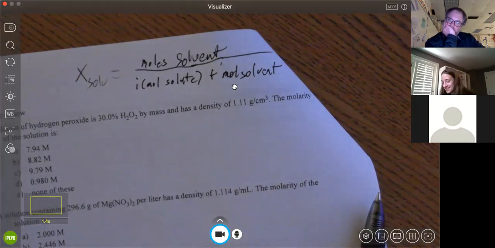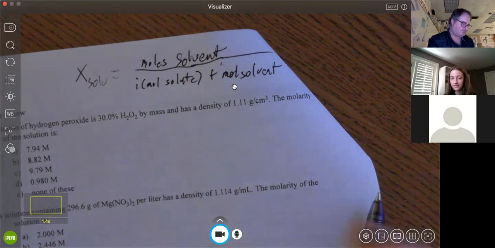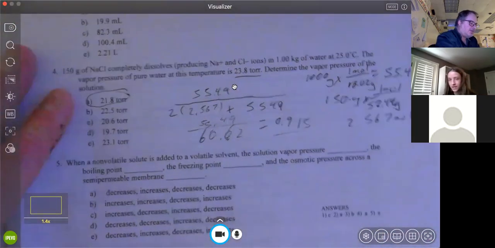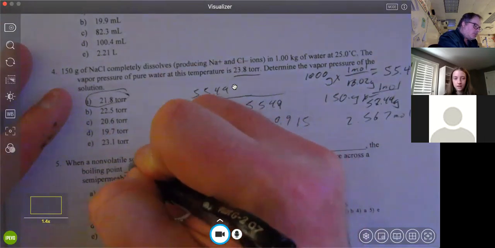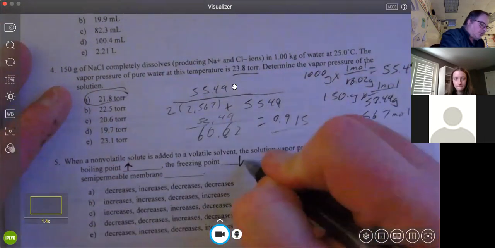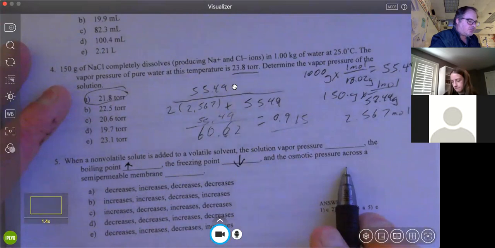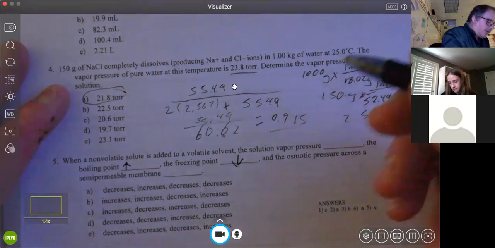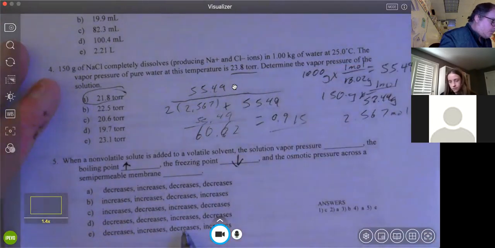My last question is on page 22, number 5. Can you explain what boiling point goes up means? Freezing point goes down, and osmotic pressure also goes up, right? So why is that?